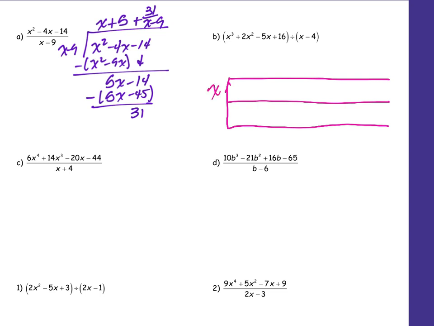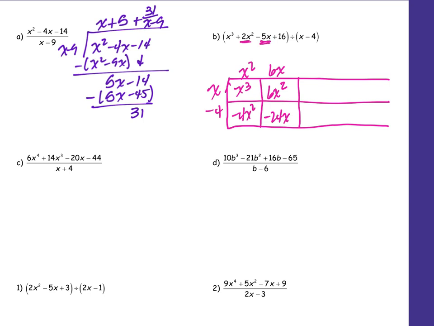So I've got x minus 4 and x cubed. So that's x squared, so this is negative 4x squared. And then how do I get 2x squared? Well, I add 6x squared, so that would give me 6x, and then that's negative 24x.